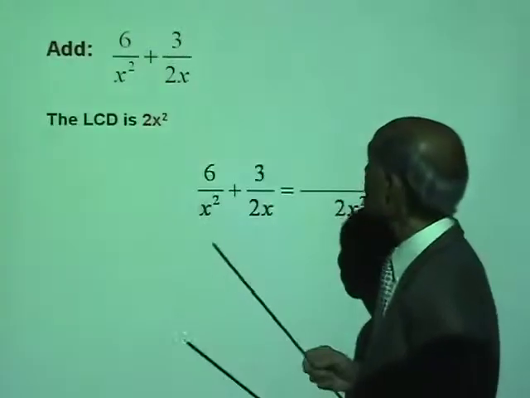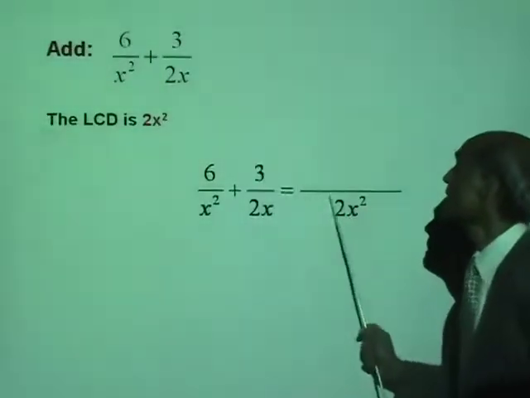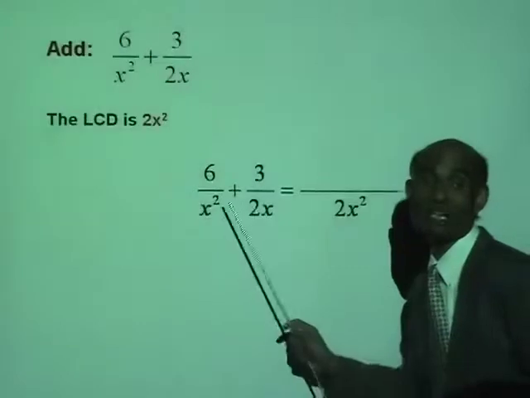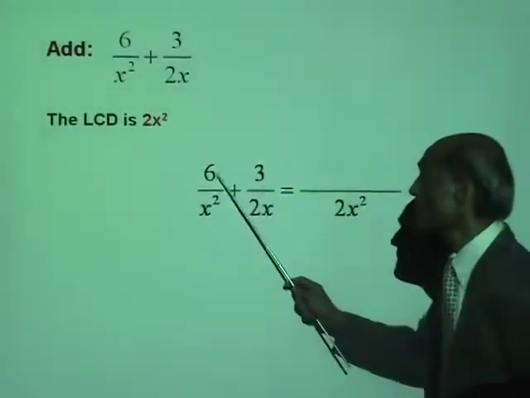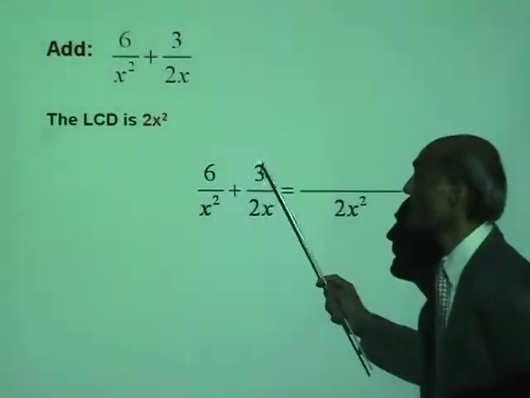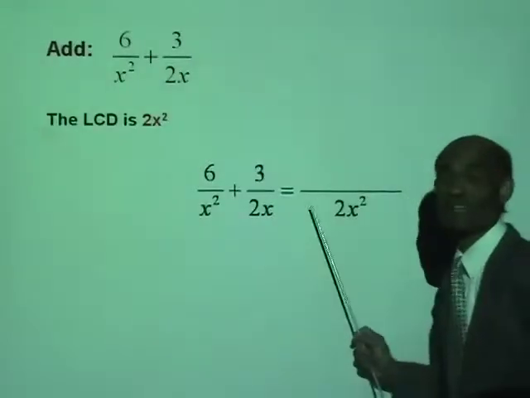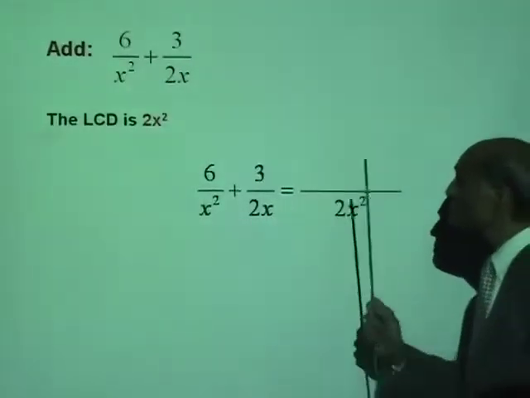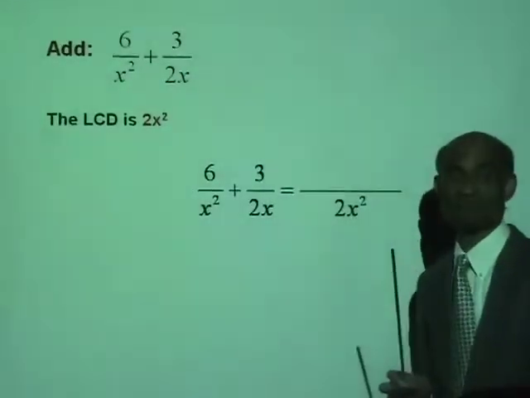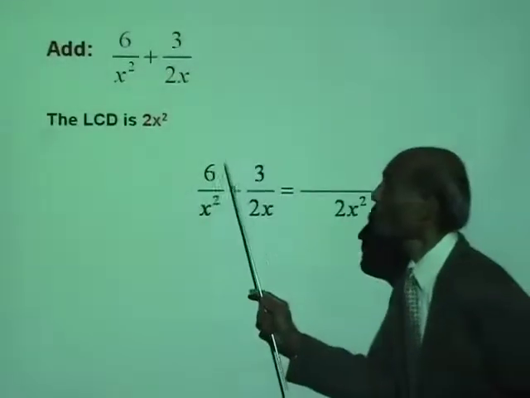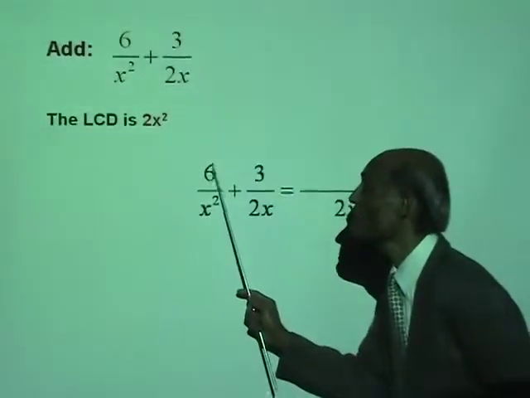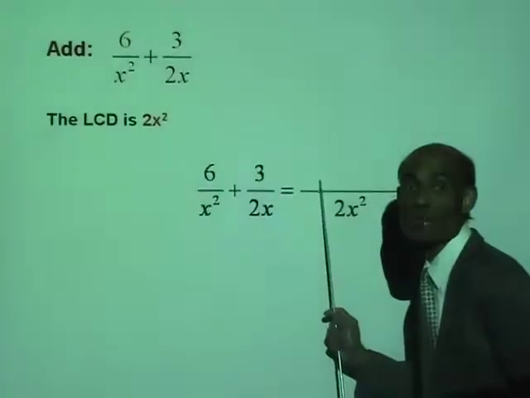Alright, let's now use the LCD to add these two expressions. So 6 over x squared plus 3 over 2x. The LCD is 2x squared. Now tell me, what is this 6 going to be multiplied by?